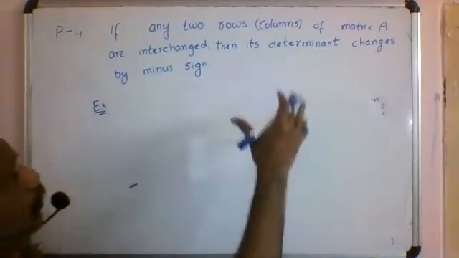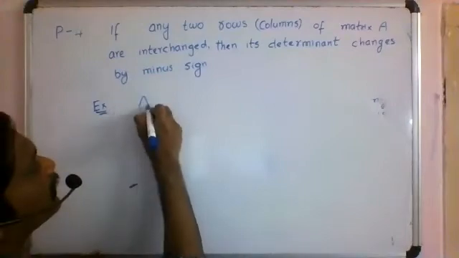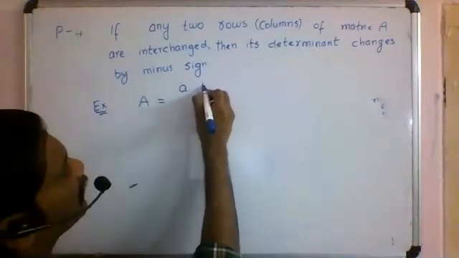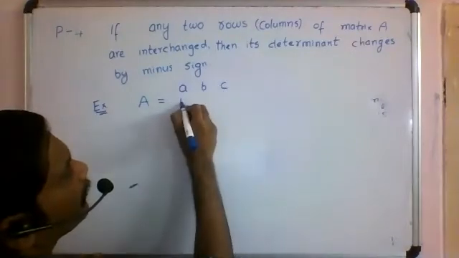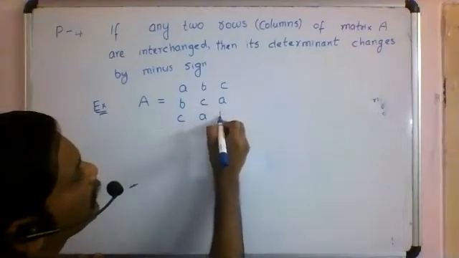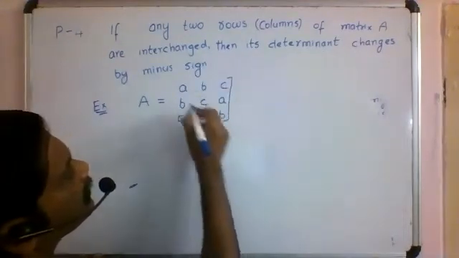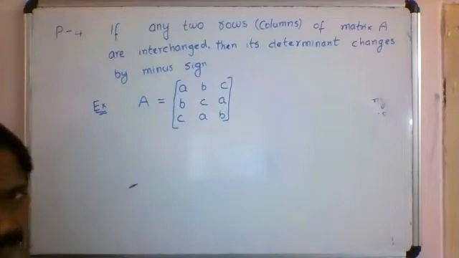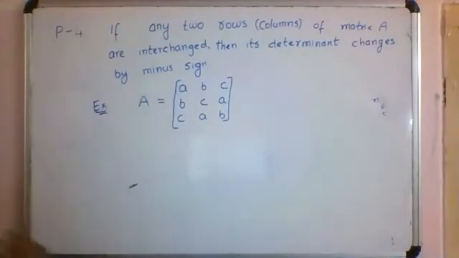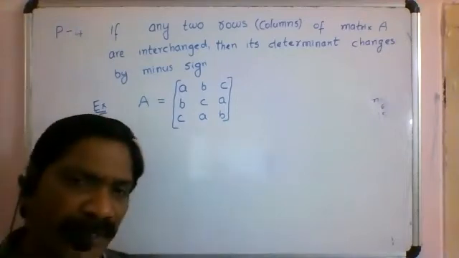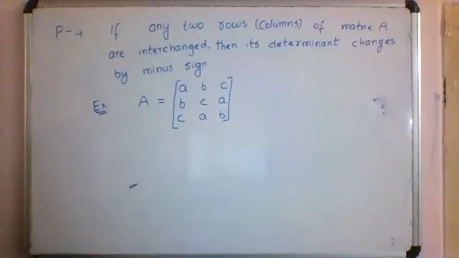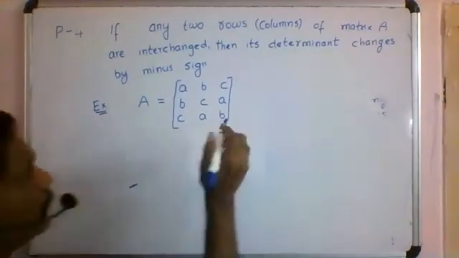For example, I have to prove this now. Let us take a 3 by 3 matrix, say ABC, BCA, CAB. I'll take this. Not only this, you can take any matrix; here I repeated ABC and made it symmetric, but since this is a property, I took a very convenient example.